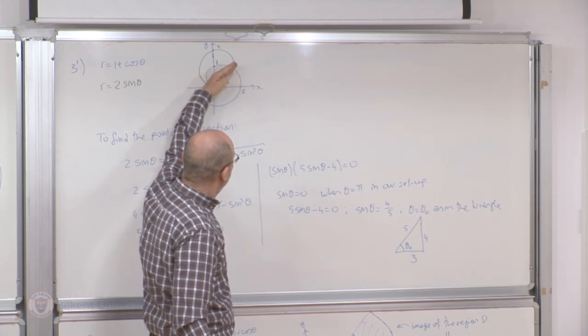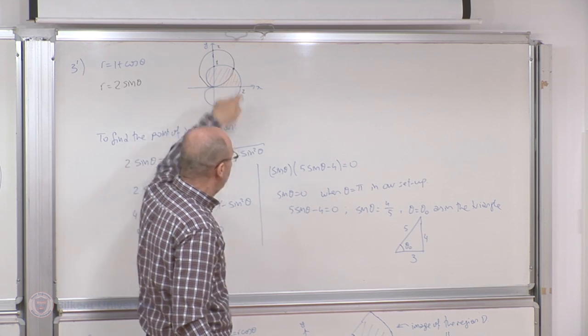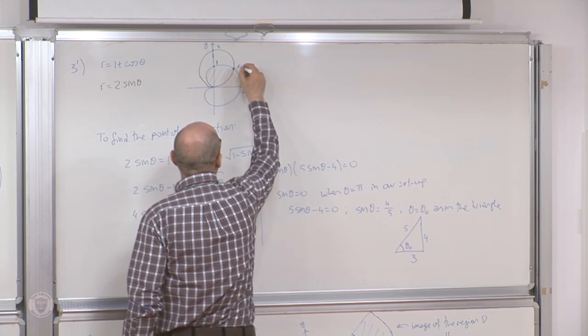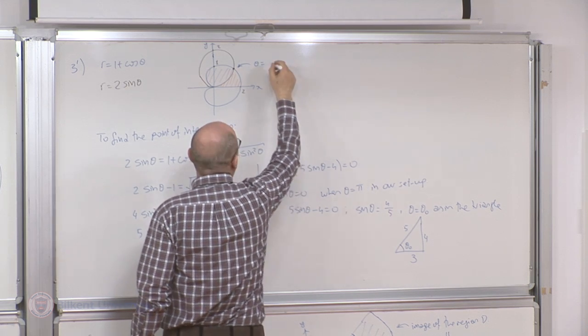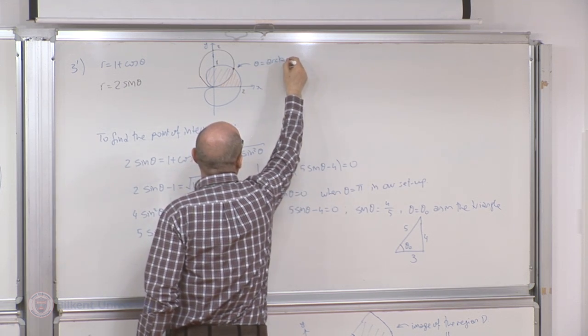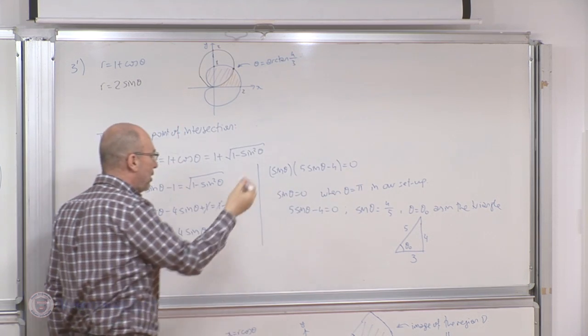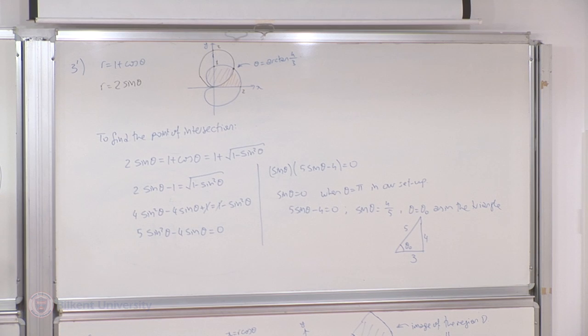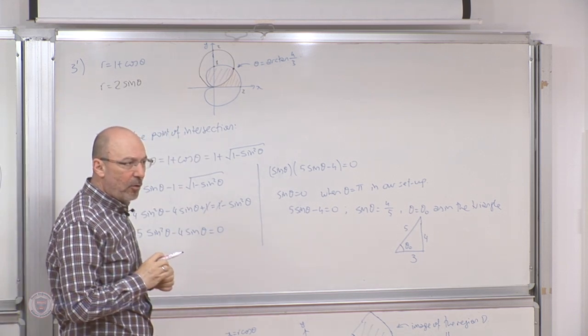So at this angle, we have this point. This is the intersection. So this is theta equals arctangent 4 over 3, or arc sine 4 over 5, whichever one you find more standard.